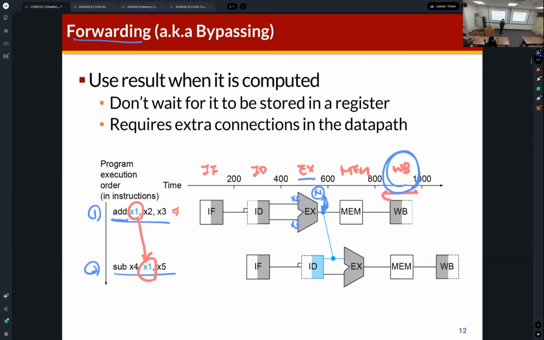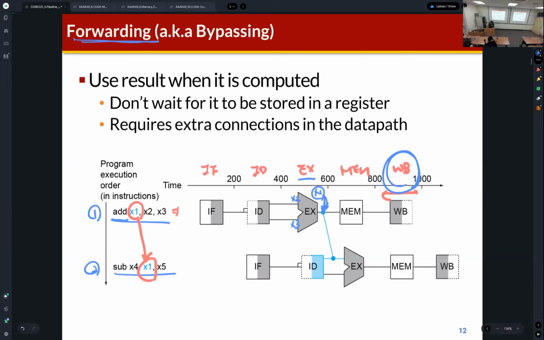Hardware already has result data, but this result data is not written back to the register file yet. But the processor already has the result data, right? If we already have the result, then we can use it, right?